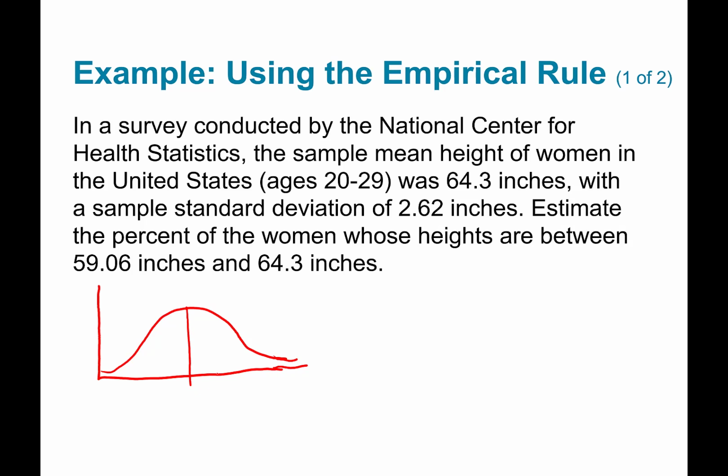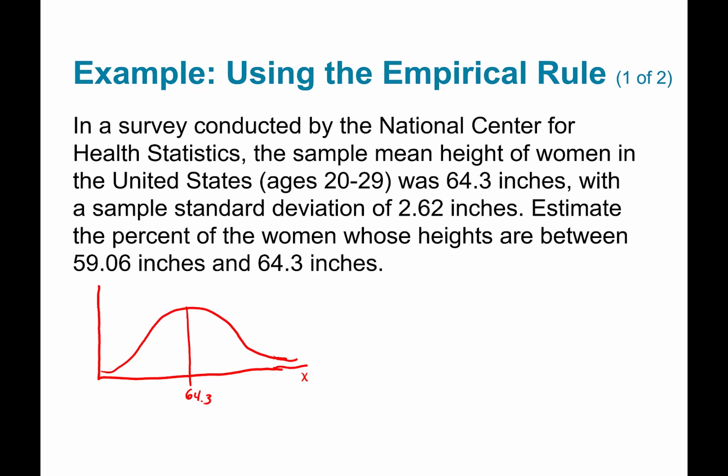So we know our mean's in the middle. If this is our random variable x for the height of women, we know the mean of this distribution is 64.3, so that goes in the middle. And then we know the standard deviation is 2.62 inches. So if we add or subtract 2.62, then we go out one standard deviation.